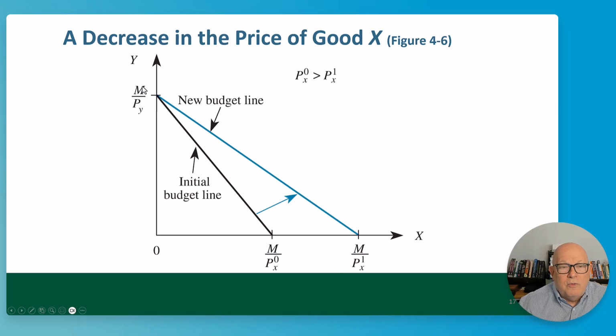So if the price of X falls, the budget line is going to shift a little bit outward at the top, but a lot at the bottom, because only the price of X is changing. Price of Y doesn't change, so this point stays exactly where it is, but we basically stretch this line out to the right, and our new budget line has a less steep slope, and we can buy more of X for every bundle that we have a preference for.